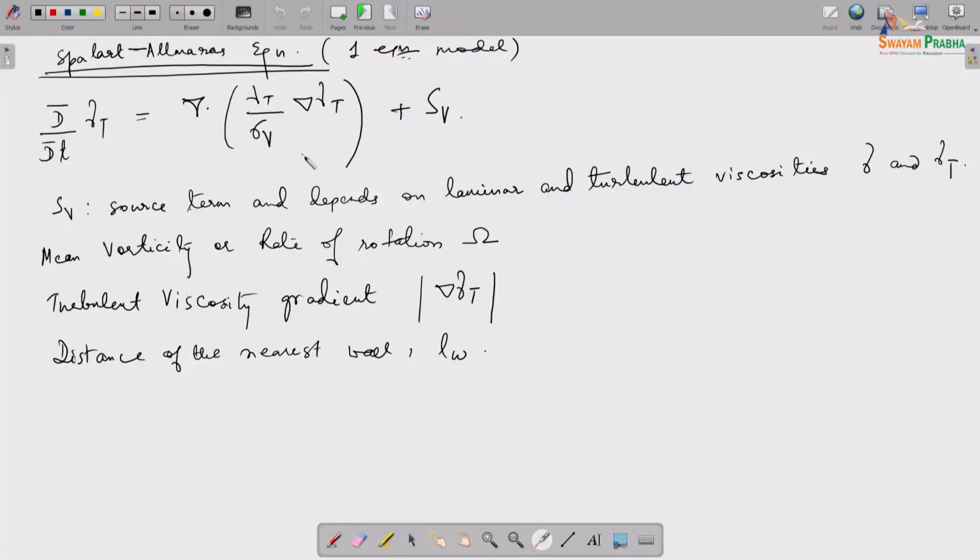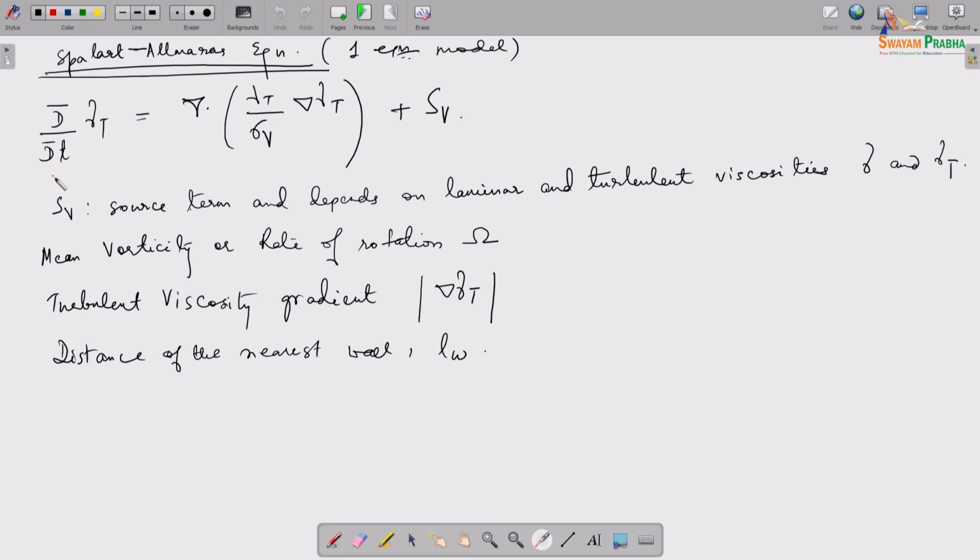Essentially we have a convective term as well as a source term, and this is an equation to figure out the rate of change of the turbulent viscosity coefficient.